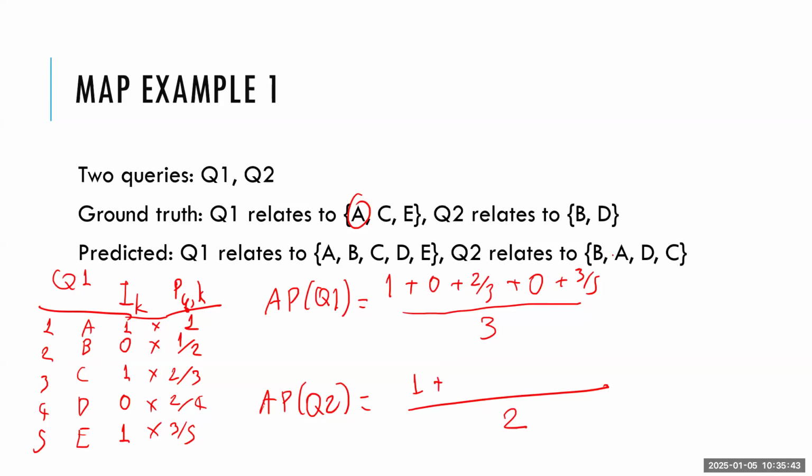What is the second term? 0, because A is not relevant. What about D? It's 2 over 3. And C, 0, right? So that is the AP of Q2. So the MAP score is the sum of these two divided by 2.